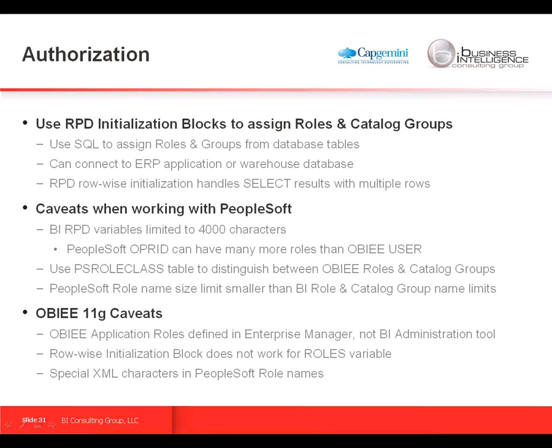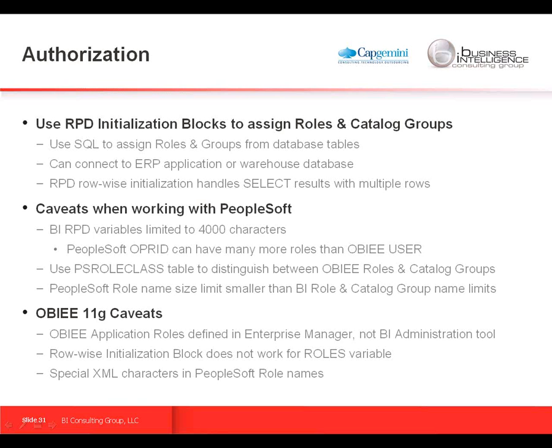And we'll take a look at the PL/SQL function that was used to concatenate all of the PeopleSoft roles that we wanted to use for BI roles into a single string, and then that was processed by BI to assign roles. And finally, you have to be careful about special XML characters in the PeopleSoft role names, so you filter those out from your BI roles.